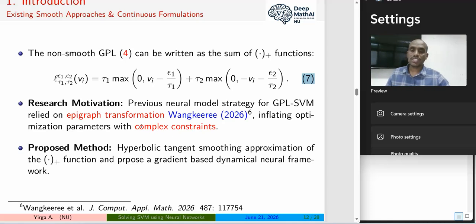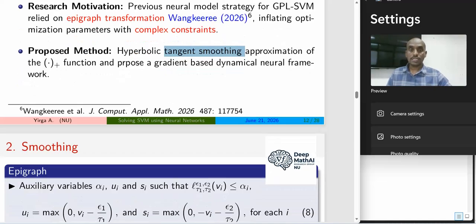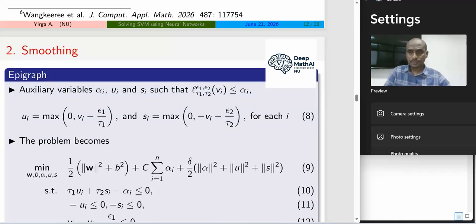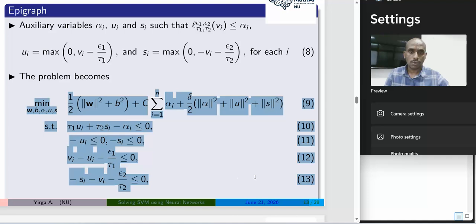So in this case, among the different smoothing techniques for the generalized pinball loss, we use the hyperbolic tangent smoothing approximation of the plus function. This one is for the epigraph reformulation, as you can see, this is the SVM problem, which is approximated by the epigraph reformulation.